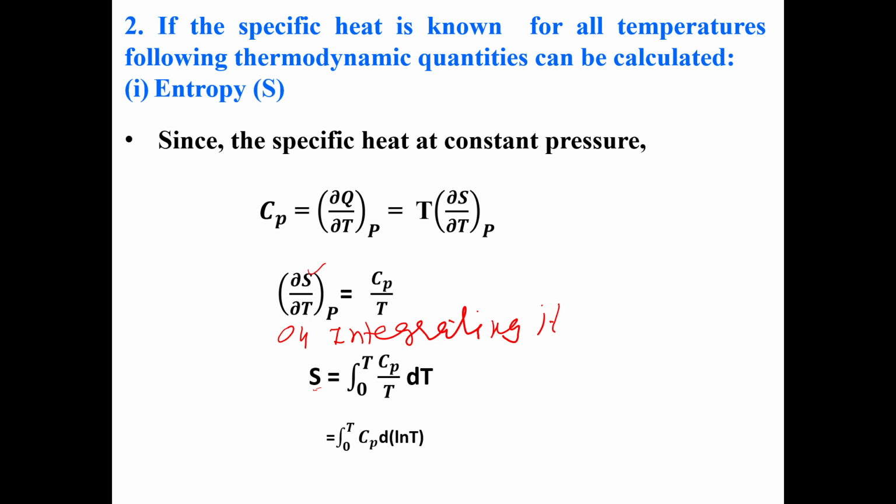So we take all the possible values of temperature ranging from 0 Kelvin to the required temperature T, which is equal to, this can be written as, Cp d log of T.